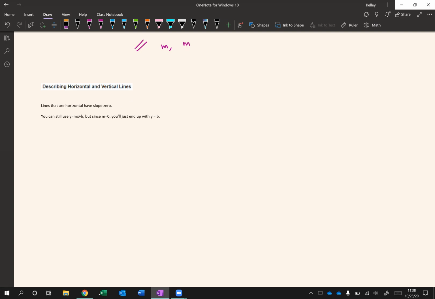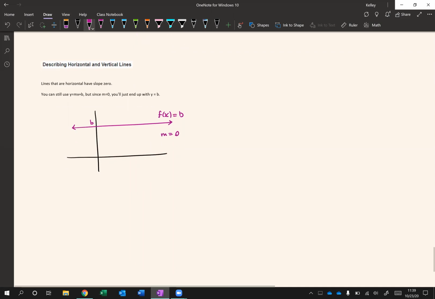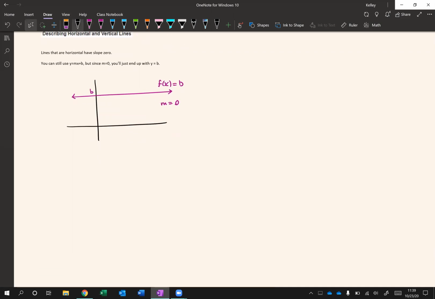For vertical lines, let's draw a horizontal line really quick. This is some height b, could be positive or negative. So here you just have f(x) = b. Slope is 0. For vertical lines, we saw this in exam 1 and in module 1, I call this a.